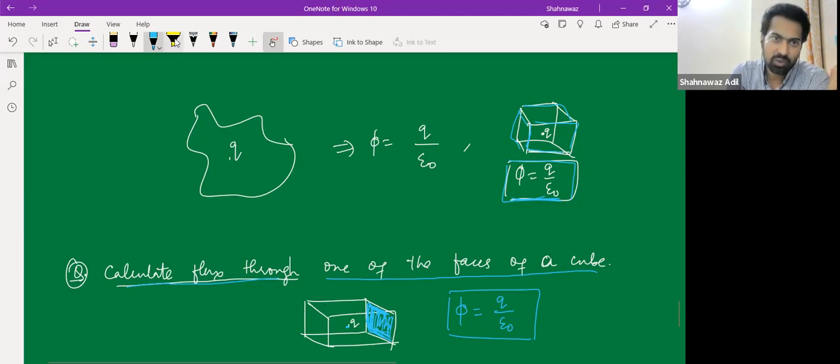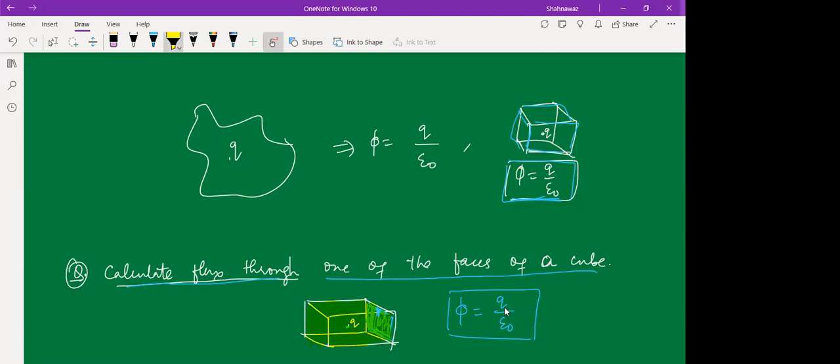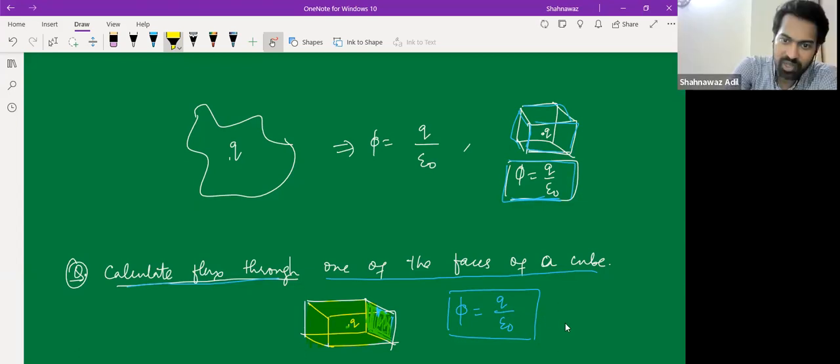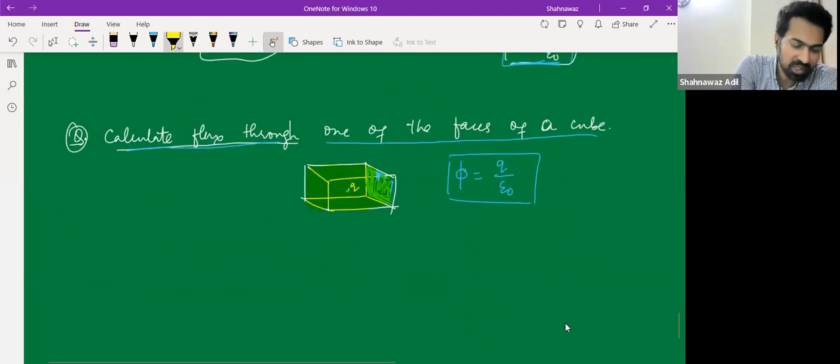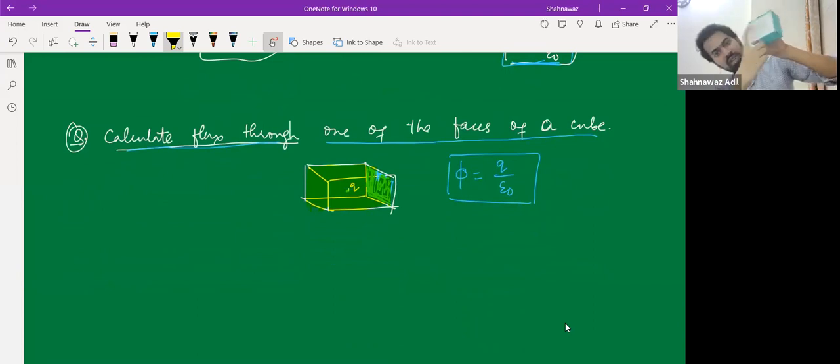So flux through all these surfaces would be how much? Q by epsilon. Is this clear, sir? Yes, sir. So the flux through all these surfaces is Q by epsilon, which means flux through how many surfaces? We have this one surface, this second surface, third, fourth, fifth, and sixth.